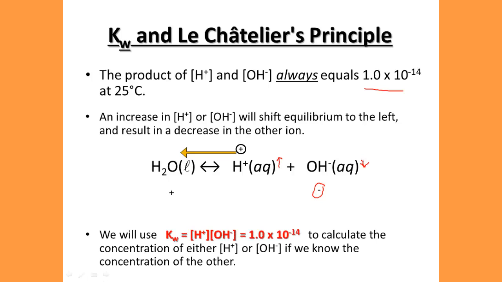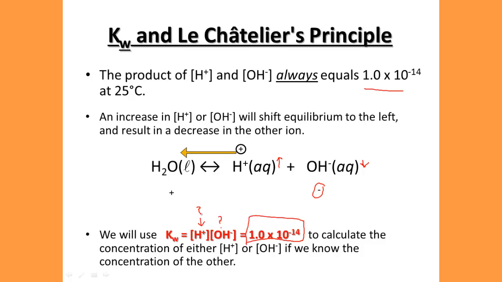So our Kw, hydrogen ion concentration times hydroxide ion concentration, equals 1.00 times 10 to the negative 14th. That number is constant, so you'll be given one of these and have to find the other.